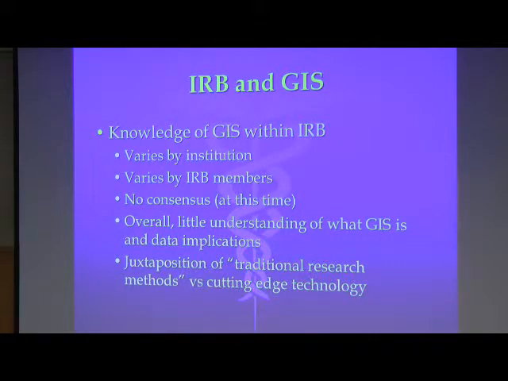As I mentioned, I've done about a half dozen research projects so far that have been IRB approved at several different institutions using geospatial data, and the questions I get back from the IRB about how to protect the geospatial data range from nothing to really fairly unsophisticated questions.